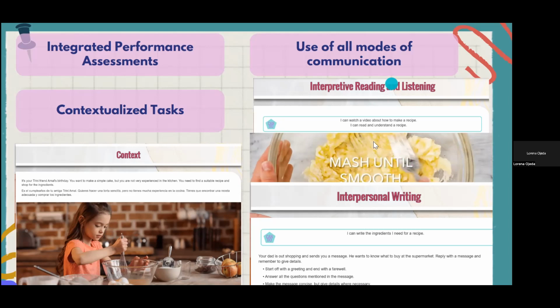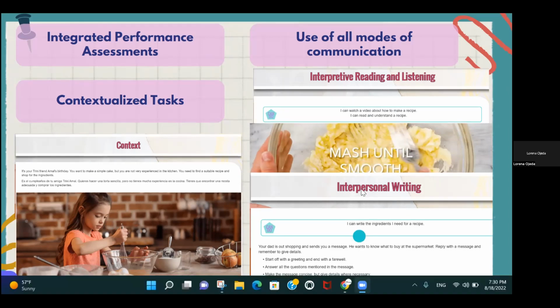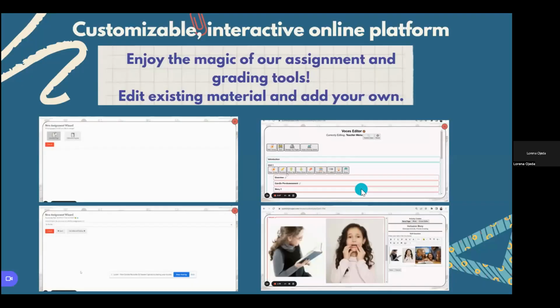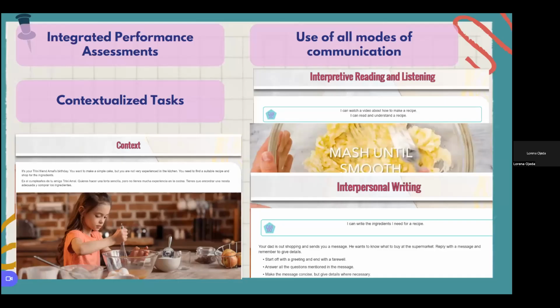And then she will answer questions in relation to the recipe. And then in the interpersonal writing, she will write the ingredients that she needs for the recipe. And then in the interpersonal mode, they will be able to exchange information.